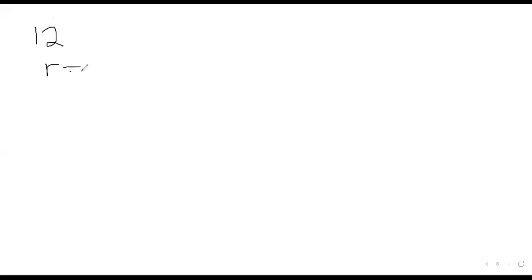The r is 3. Our n is what? 12. So we're going to use a combination here because we're not interested in the arrangement or the order. We're interested in the content. So this is 12 combination 3, which will give us what? 220.